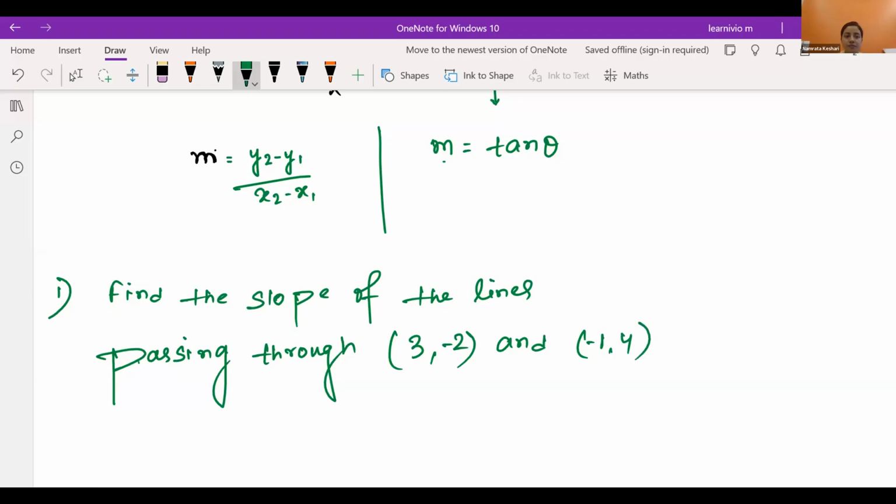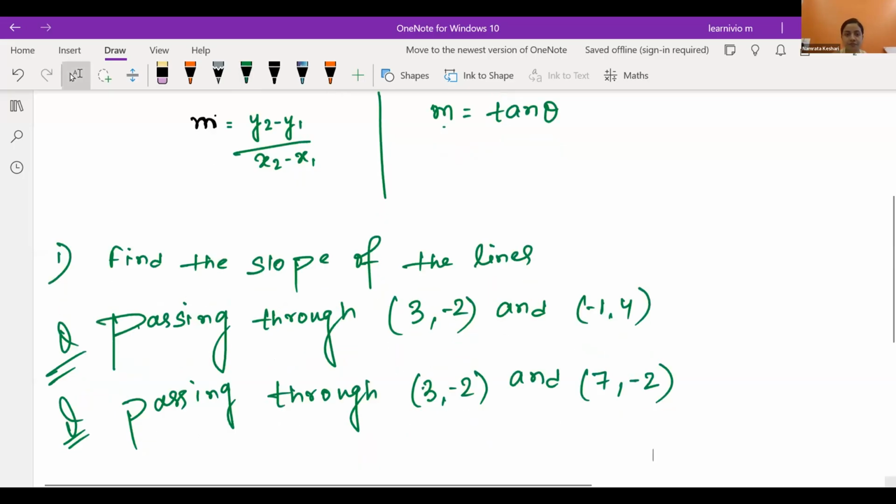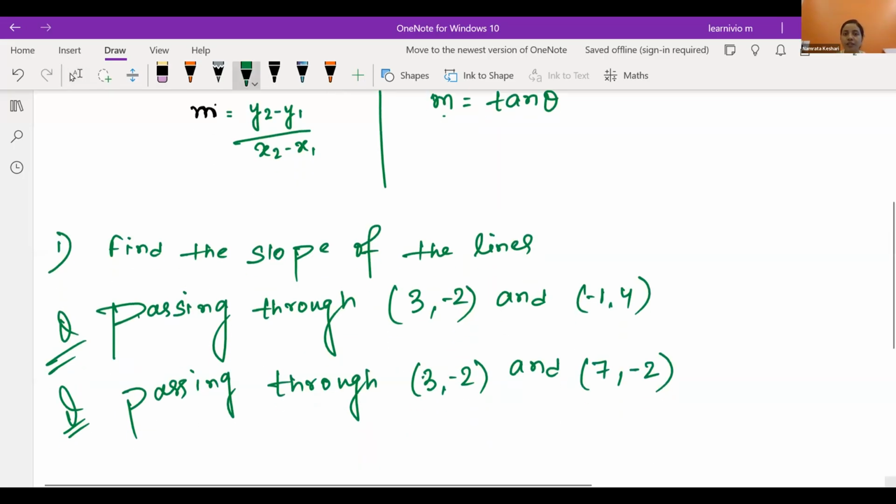Please find it quickly. Formula is already there on the screen.